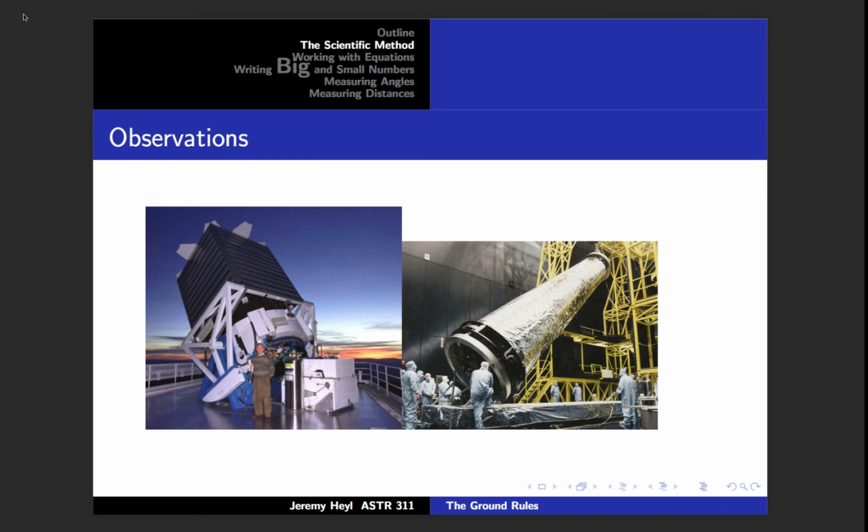On the right is the Chandra X-ray telescope. It was brought up into not even near Earth orbit. It was brought up by the space shuttle. It's about the size of a school bus, more or less. So it's pretty big. And it's in orbit around the Earth where it goes out maybe a third of the way to the moon and comes back again. So it's really far out.